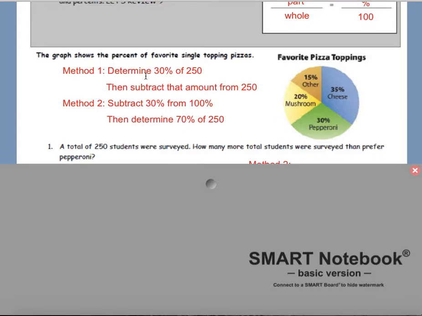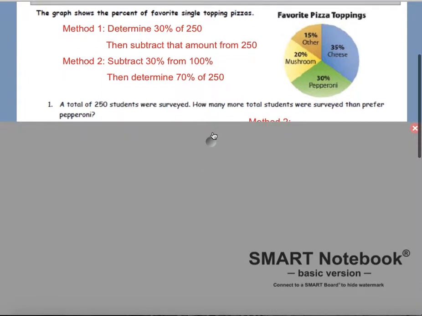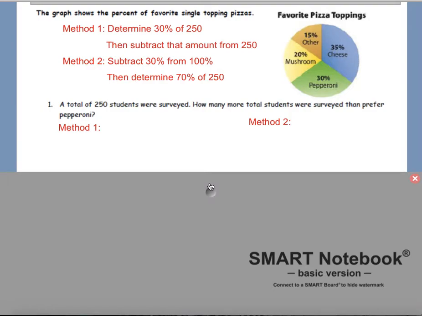So first we could determine 30% of 250 and then subtract whatever our answer is from 250. Or we could subtract 30% from 100 and get 70 and then determine 70% of 250. So we're going to do both ways, and then you get to pick the way that you prefer.